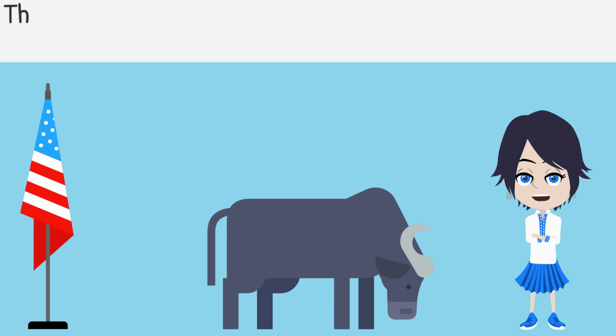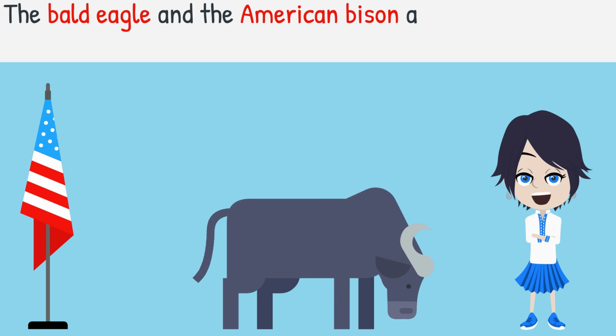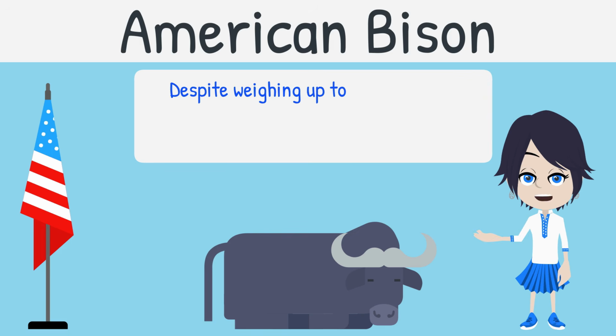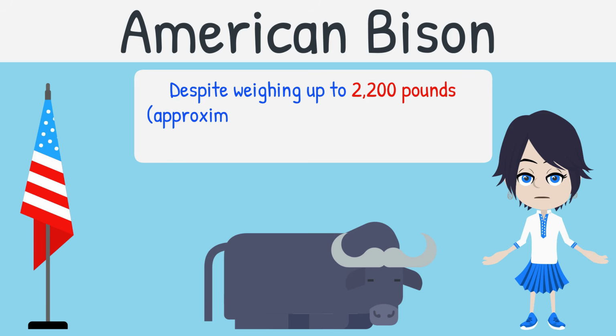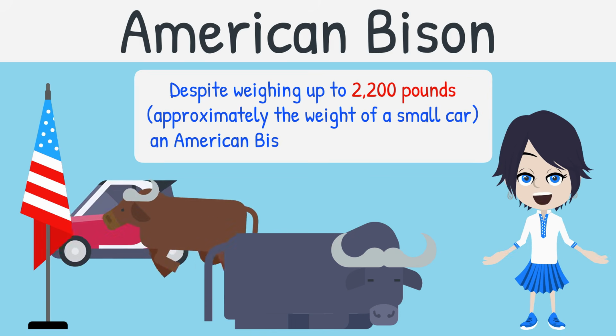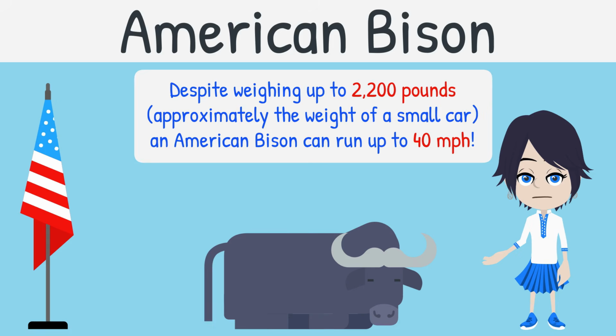Animals. The bald eagle and the American bison are the 2 national animals of the U.S.A. Despite weighing up to 2,200 pounds, approximately the weight of a small car, an American bison can run up to 40 miles per hour.